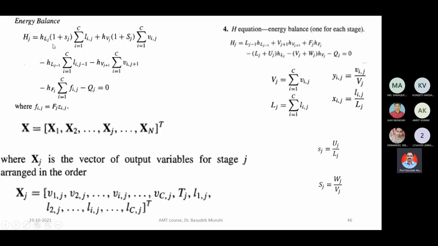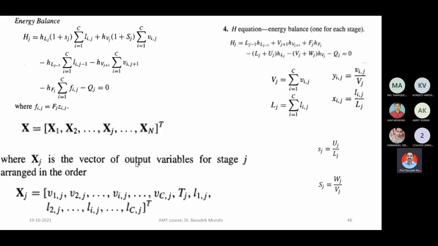Then you have enthalpy terms, you have Kij terms. Those Kij are actually functions of Yij, Xij, and also temperature, right? Now those Yij and Xij you can present in terms of Vij and Lij.